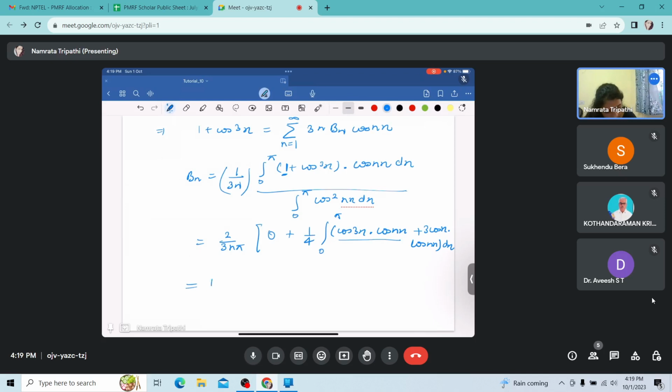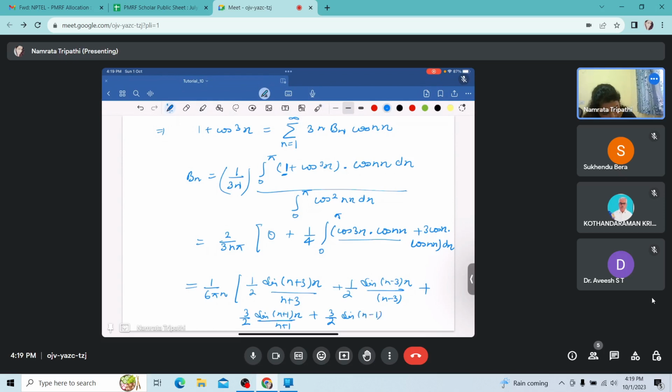So after integration, I am going to write the expression, plus this is the integration of the first term, and the integration of the second term will give, and the limit is from 0 to pi. Fine.